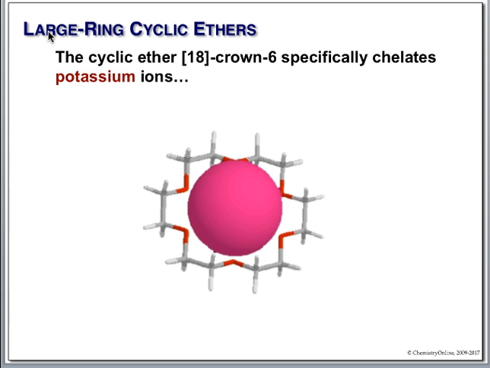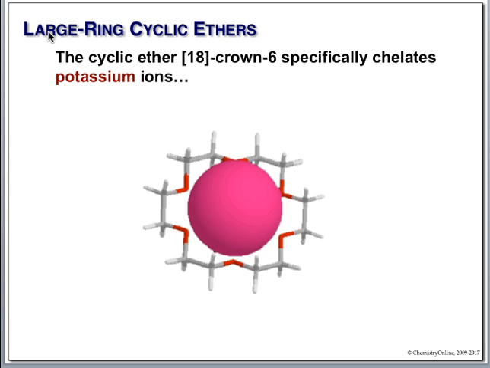Now, remember when you have an ion in solution, it is solvated, isn't it? Solvated because it's surrounded by water and stuff like that. That means that you can't really dissolve potassium in an organic solvent because there's no water to solvate it, right?